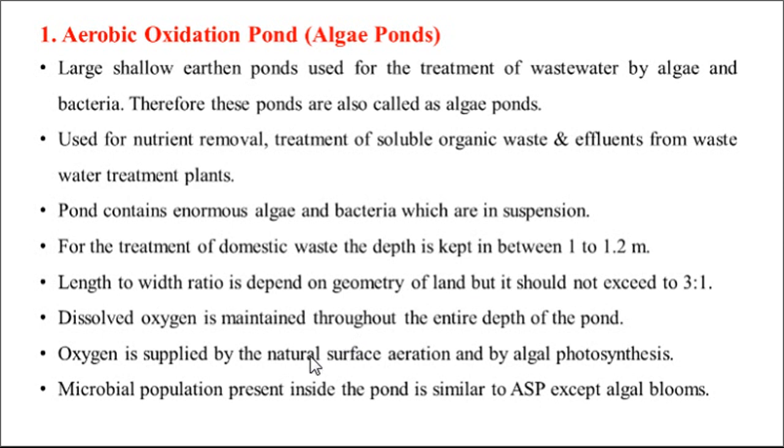Oxygen is supplied by the natural surface aeration and by algal photosynthetic activity. Microbial population present inside the pond is similar to that of activated sludge process except the algal blooms. So these are the salient features of the oxidation pond.